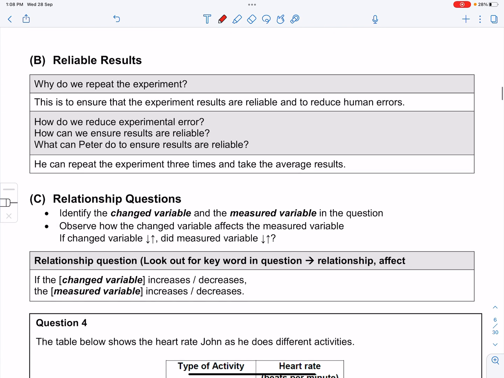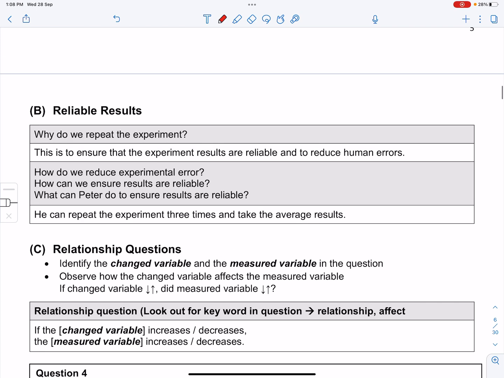Next, we go on to reliable results. Now, this is the point that I want to differentiate for you. What are the 3 very different things? So you need to listen very attentively. Okay? Now, there are 3 things that people tend to get confused. I am doing forward teaching now, so that when I reach the other 2 types of questions, you would be less confused.